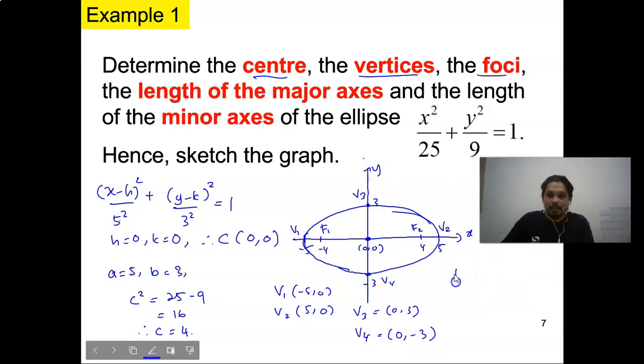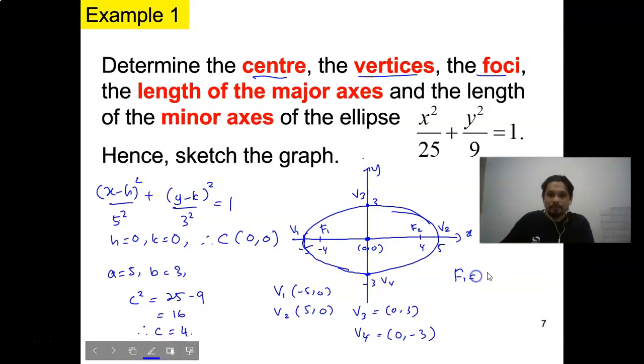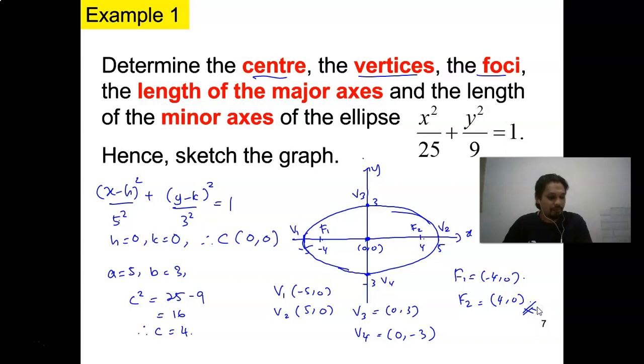Then F1, from (0, 0), move 4 units to the left, which is negative 4, 0, and F2, move 4 units to the right, which is 4, 0. There you go.